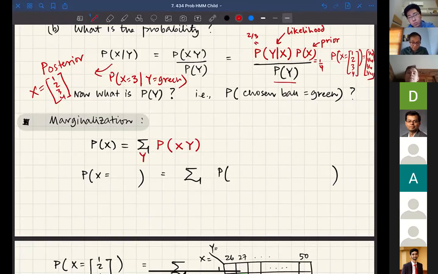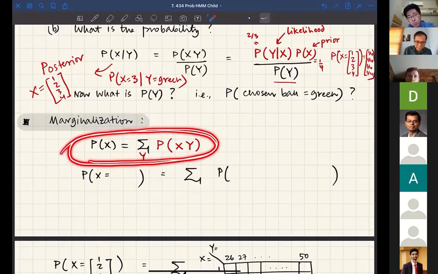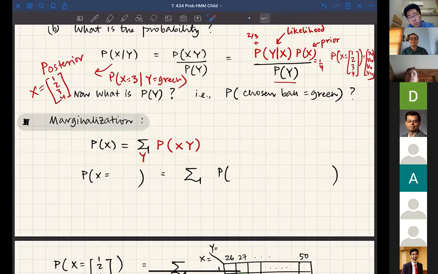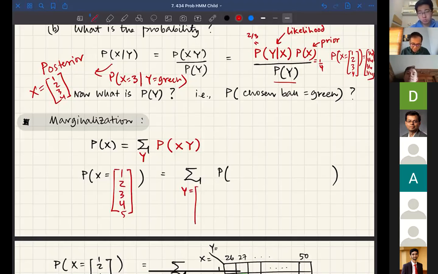Books, papers, they will always write these things and move on very quickly. If this seems confusing to you, fall back onto what we were talking about. Px, you can write it as P1, 2, 3, 4, 5. Y, whenever you see Y, you think of this as our previous example, 26, 27, all the way till 50.